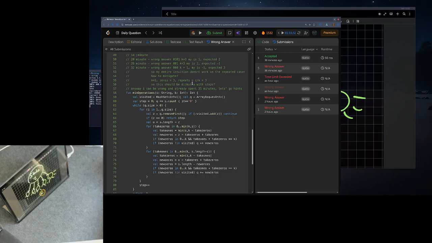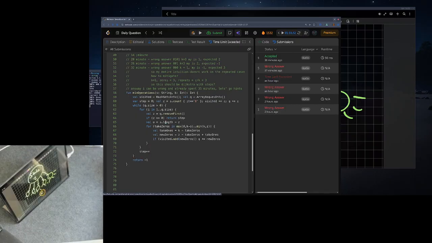So this was wrong. You can't just take any zeros and put it into a visited set.